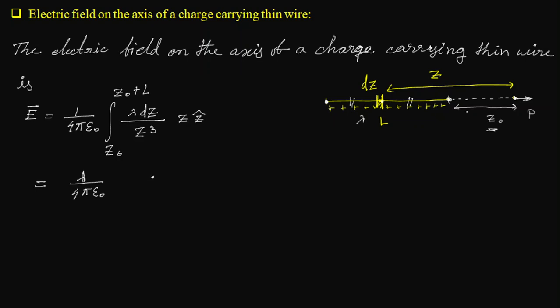Finally we'll get 1 by z square into dz, which we have to integrate for the limit z naught to z naught plus L, along z cap, or you can write k cap, same.